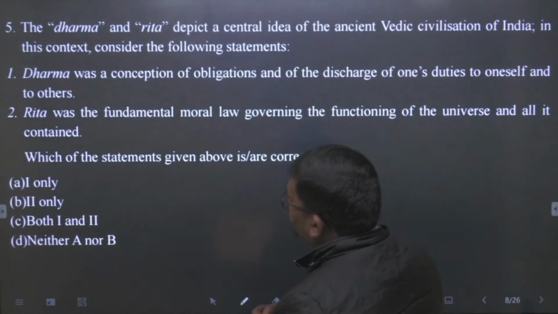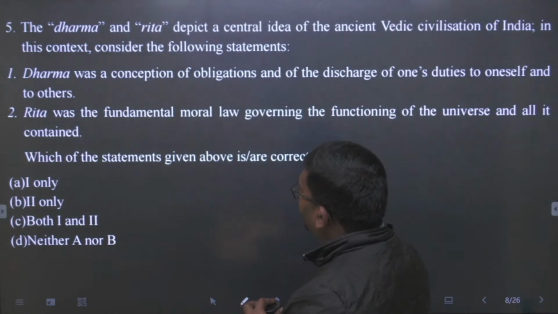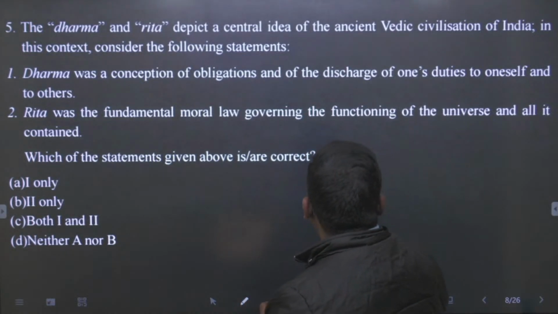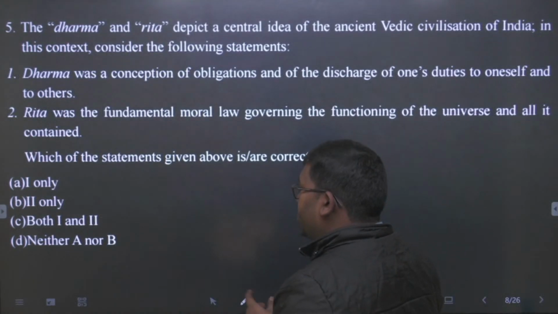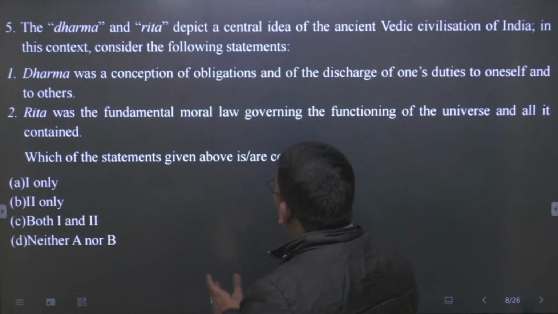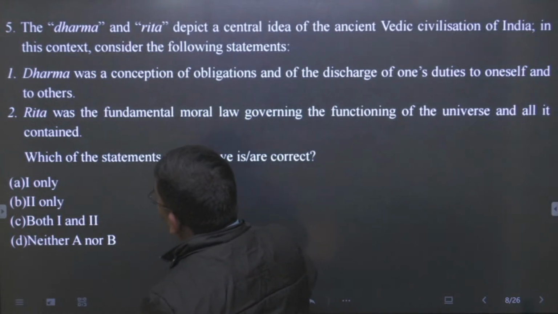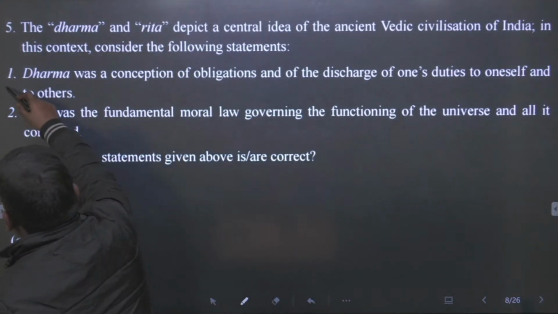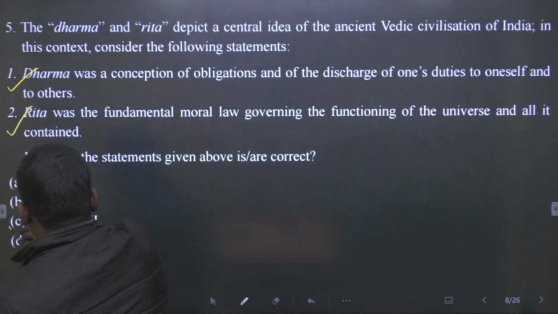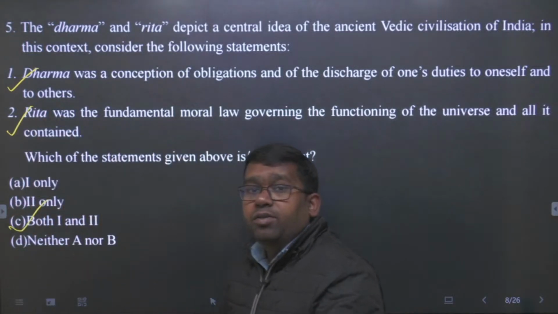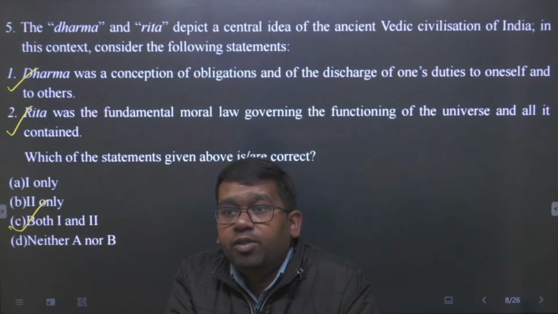Then statement 2: rit was a fundamental moral law governing the functioning of the universe and all in it. Yes, it is also true. It is a fundamental moral governing law. So both the statements of this question will be true. So answer will be both 1 and 2. Okay. So this will be the answer of this question.